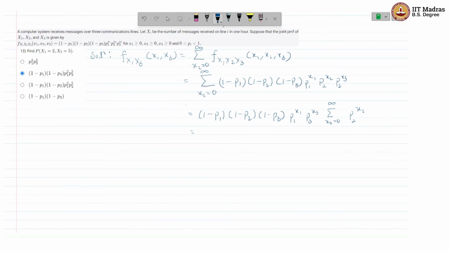So this is an infinite GP series. On further simplification, we will get (1 minus P1), (1 minus P2), (1 minus P3), P1 raised to the power x1, P3 raised to the power x3, and this is an infinite GP series: 1 plus P2 plus P2 squared plus P2 cubed and so on.